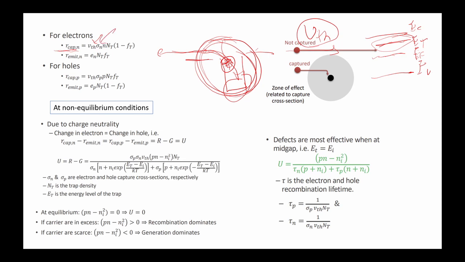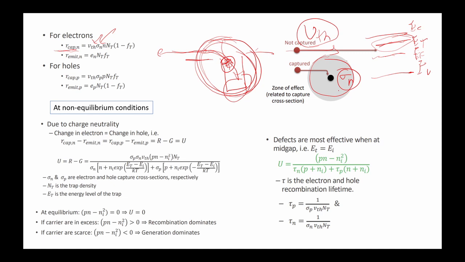Sigma n is nothing but the capture cross section.